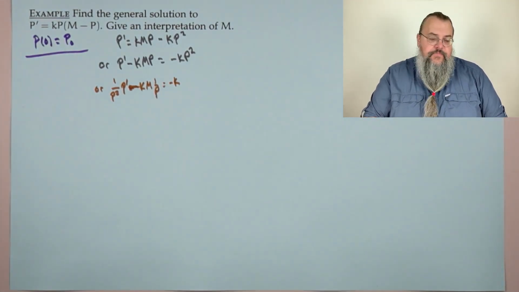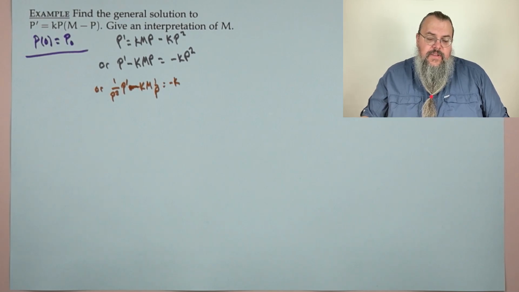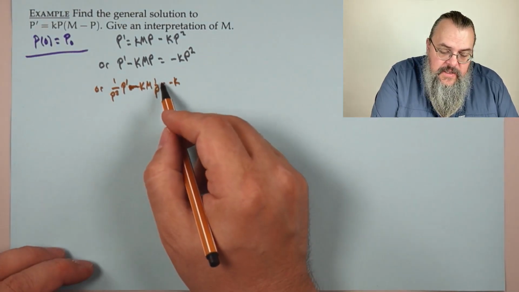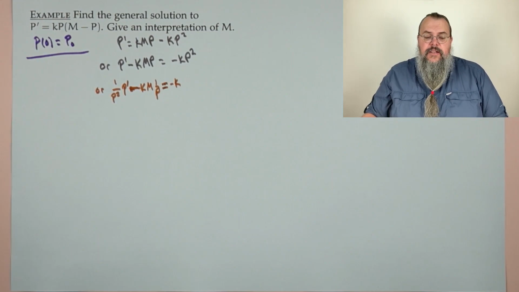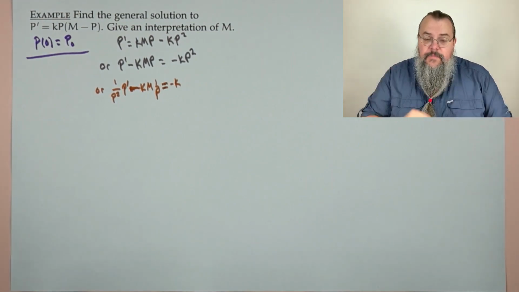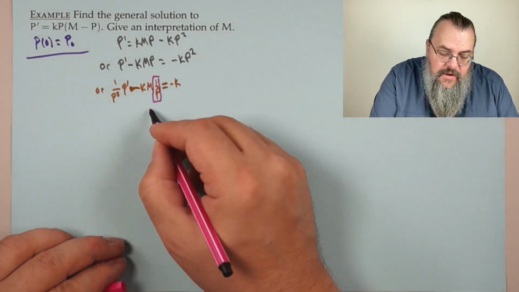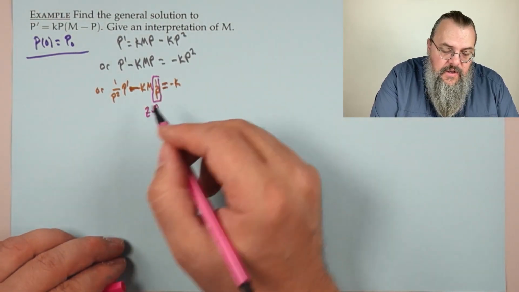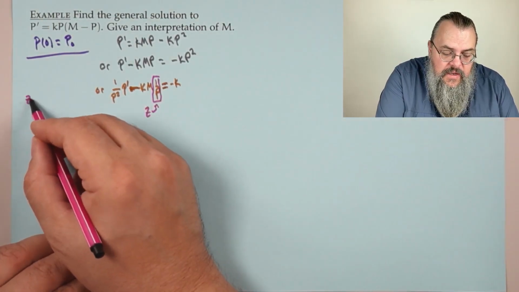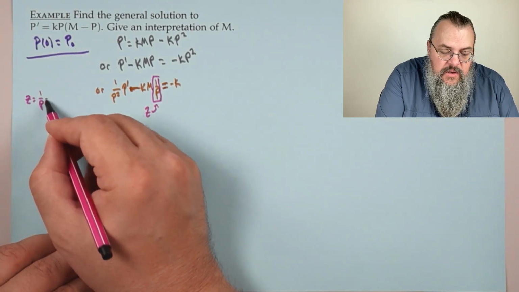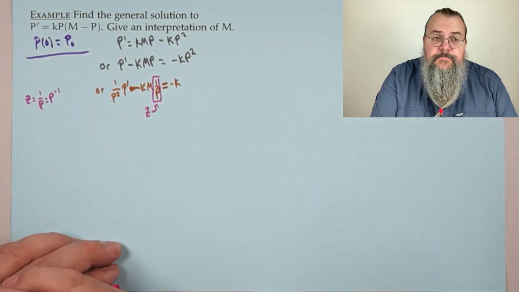All right, now the substitution. The way you find it is you look at the piece that used to be p, what's the power? This is going to be our substitution. So we substitute z is 1 over p, that's p to the minus 1.